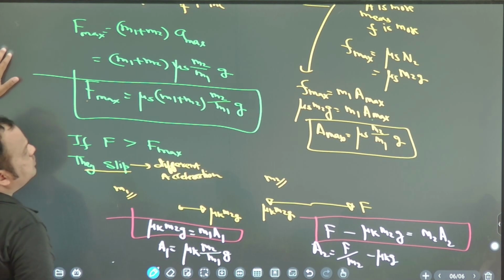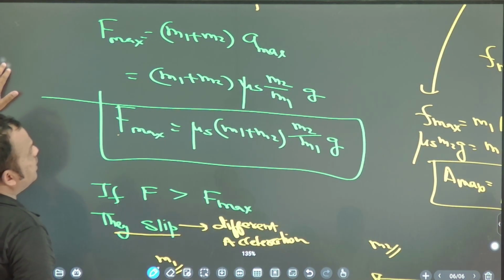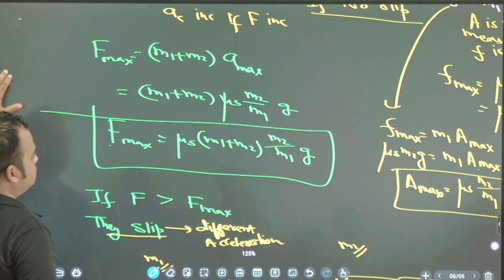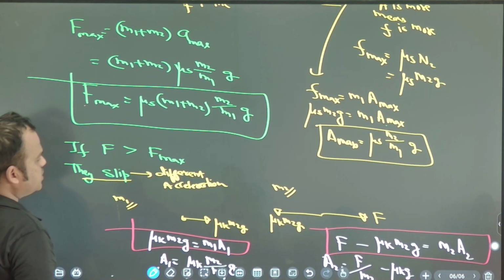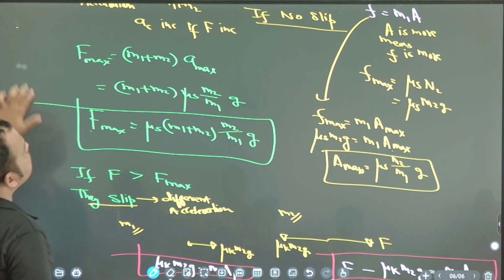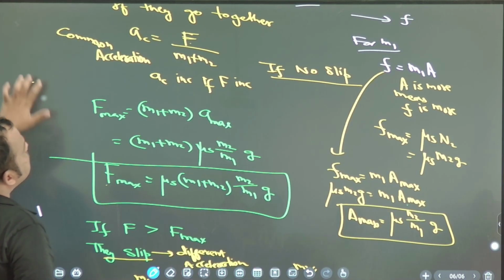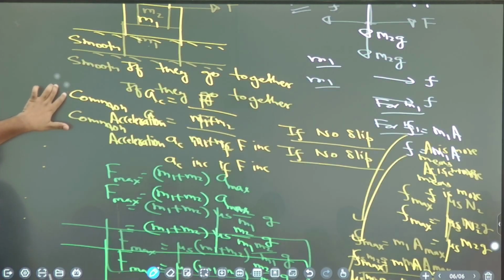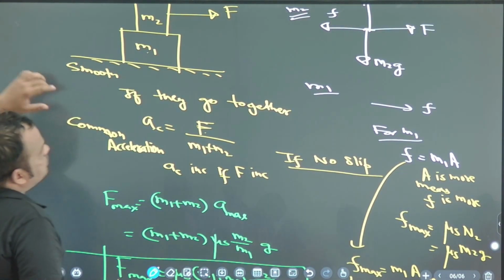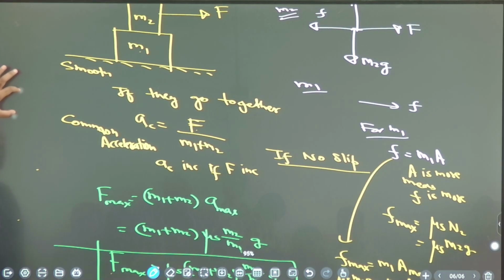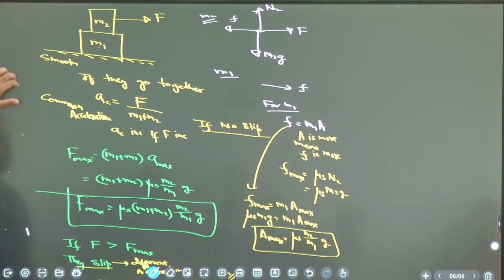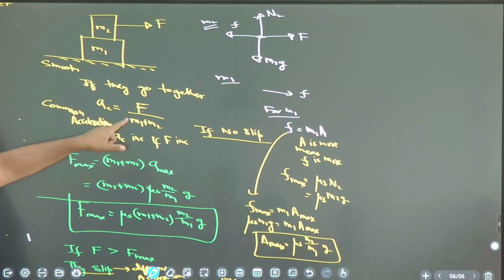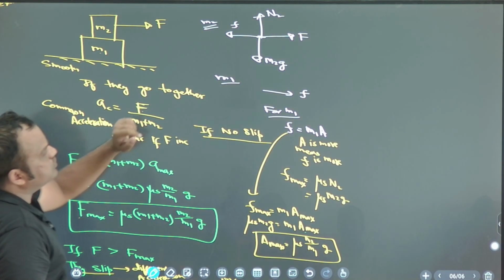So this is case 2. In case 2, force is acting on the upper block, remember. Common acceleration, same formula, F by M1 plus M2.